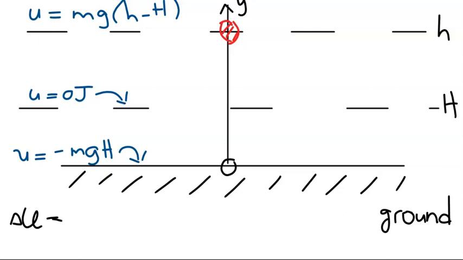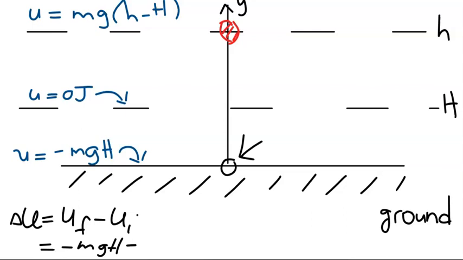The change in potential energy is the final potential energy minus the initial potential energy. The final potential energy is the potential energy of the object when it gets there, which is just minus mgH. And the initial potential energy is mgh minus mgH.